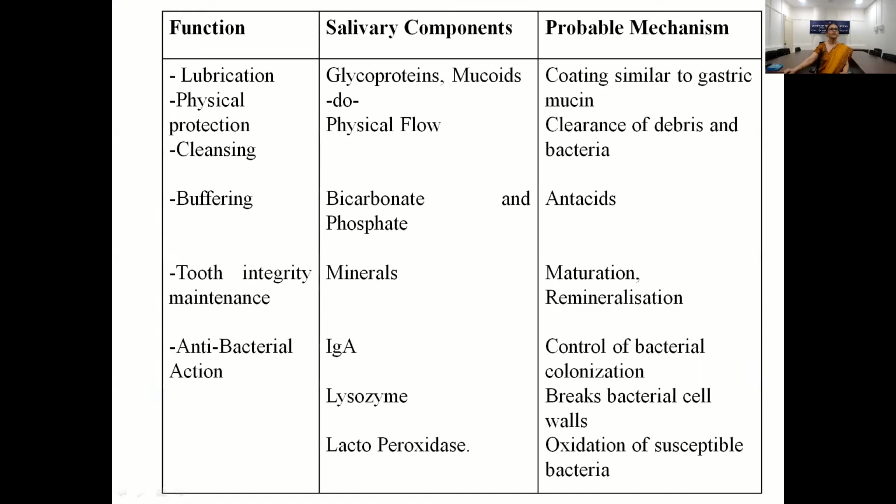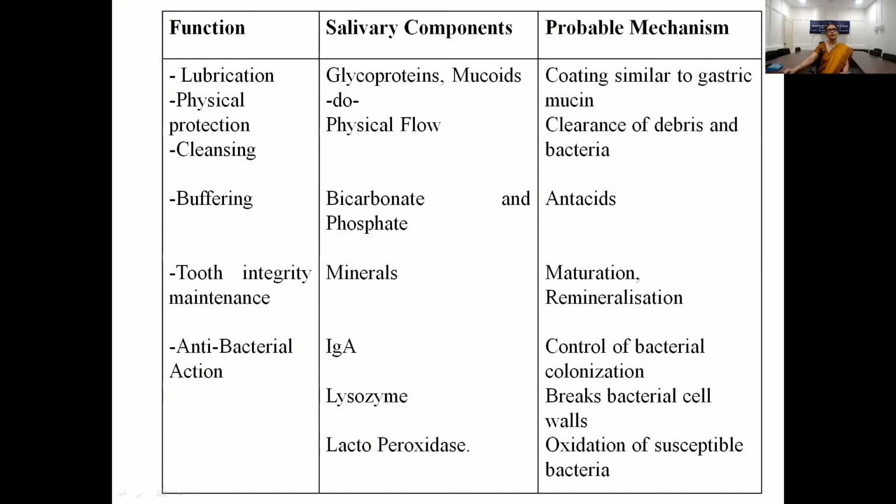Now, these are the different functions of saliva. Glycoproteins and mucoids present in salivary components give the lubrication. Physical flow of saliva gives a cleansing action, by which there is a clearance of debris and bacteria.